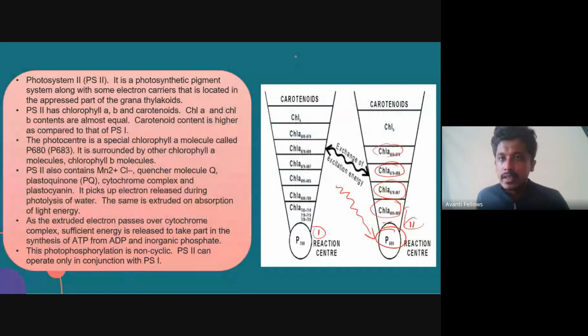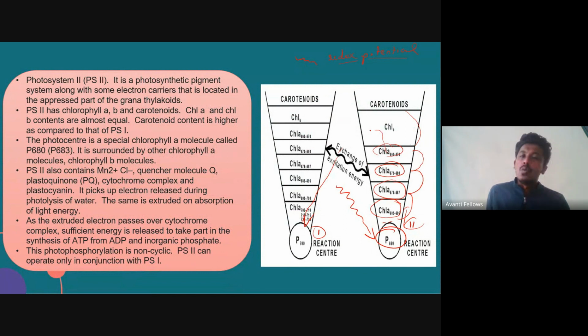So they go down the redox potential, using the electron transporters to jump from one transporter to another based on the redox potential, and then finally they give up their electrons to photosystem 1.